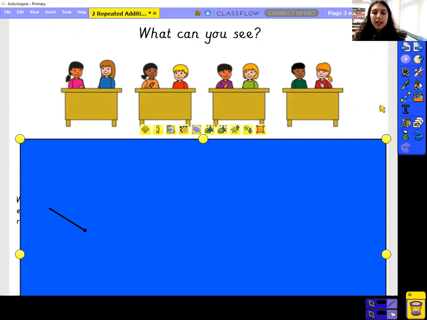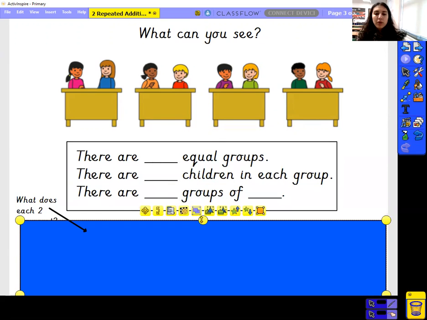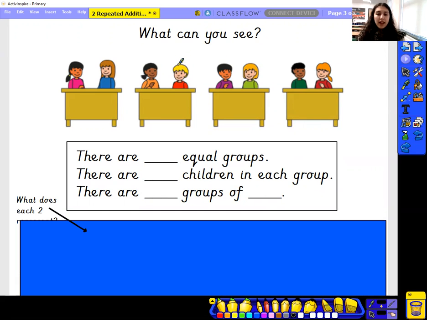I have got here a picture of some children. What I'd like you to do is think about what we learned yesterday, all about groups and equal groups, and tell me what you can see. Super. So we might have said that we can see there are 4 equal groups.